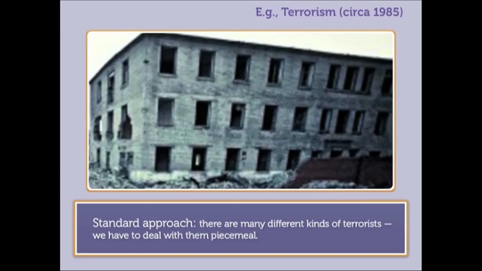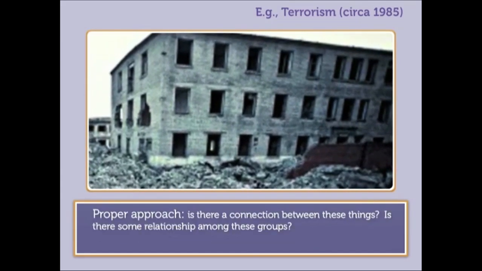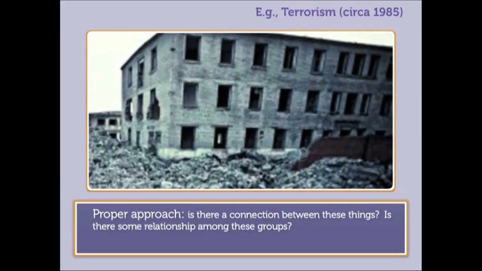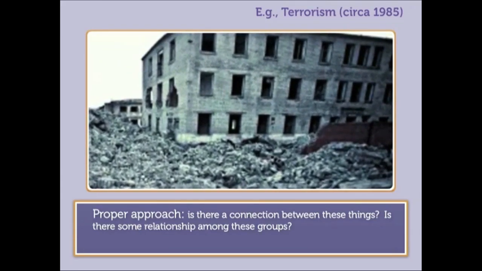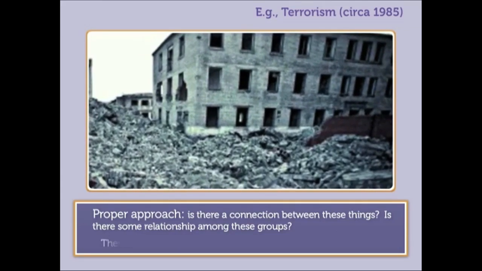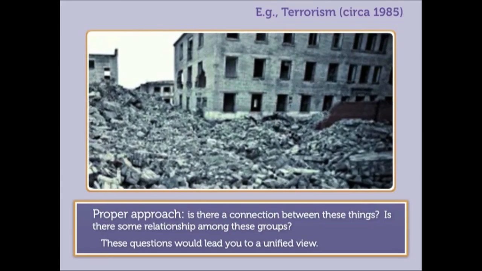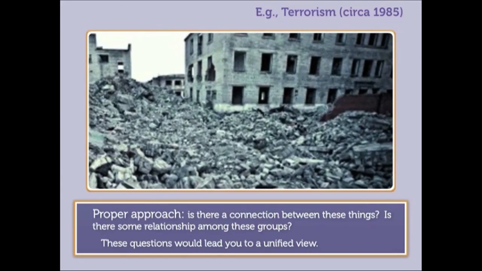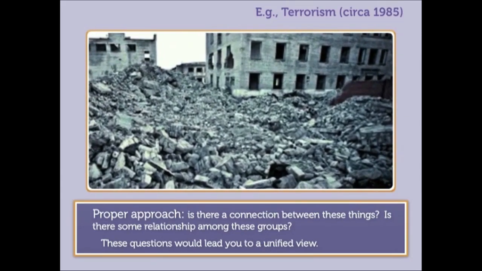As against what would be the proper approach? Is there perhaps a connection between some of these things? Is there some explanation for the wave of terrorist eruptions at home and abroad? Is there some relationship among these groups? Might there possibly be a communist presence behind them? Is it an accident that they're all violently anti-capitalist?